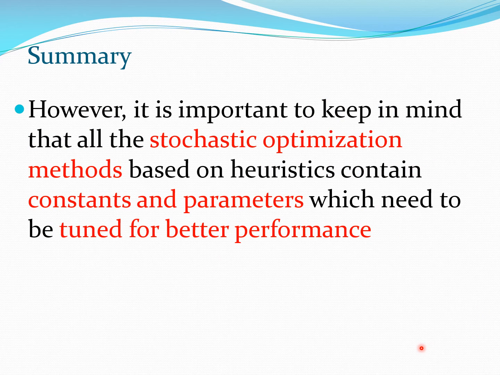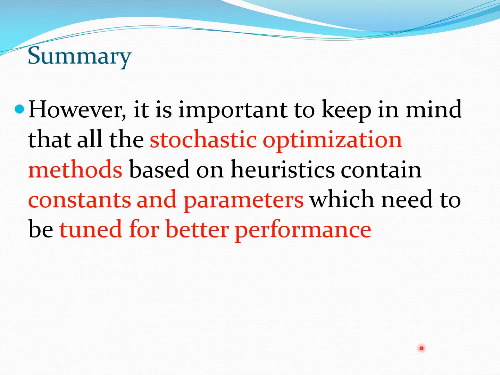But it's important to realize that all these stochastic optimization methods based on heuristics contain several constants and parameters which need to be tuned for better performance. And the issue is that depending on the problem you are dealing with, you may need different constants and parameters. So many people who propose a stochastic optimization method test it on a bunch of test functions.